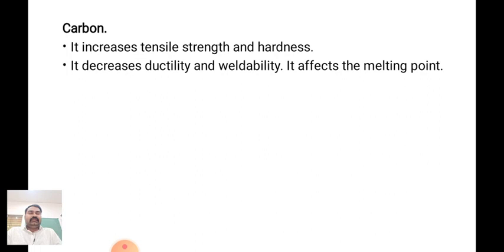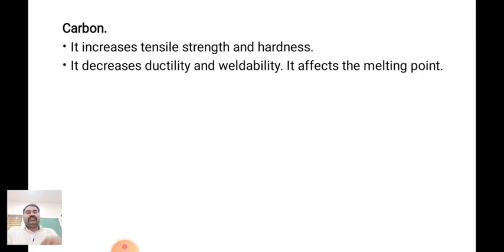But the strength of the material will increase, hardness increases, brittleness increases. So a few properties are important from the advantages point of view, and a few properties have certain disadvantages also in consideration with the different application point of view.